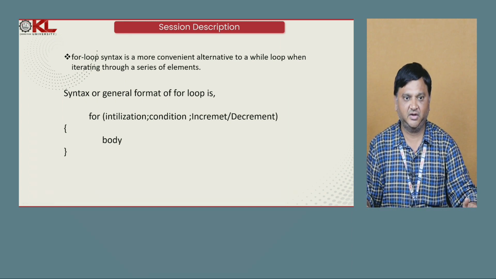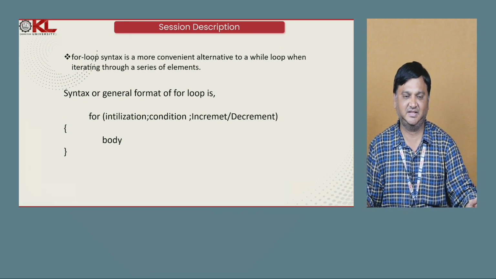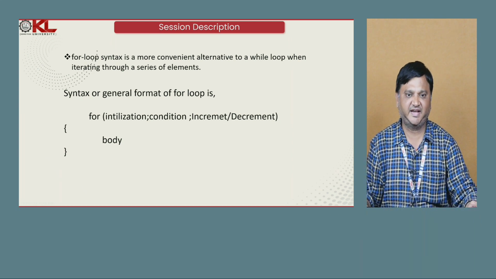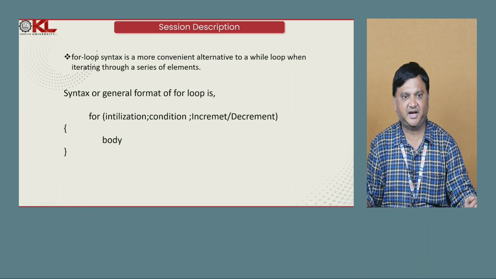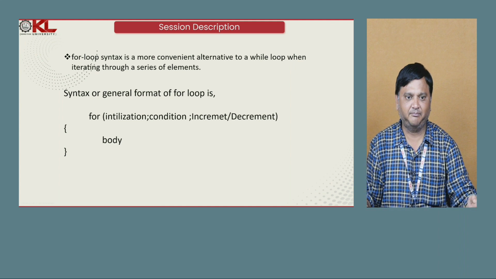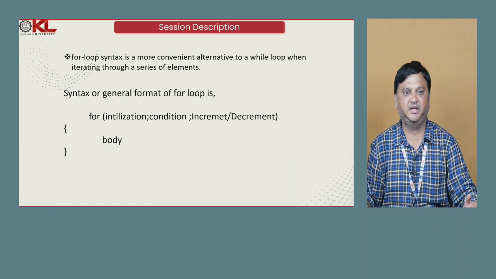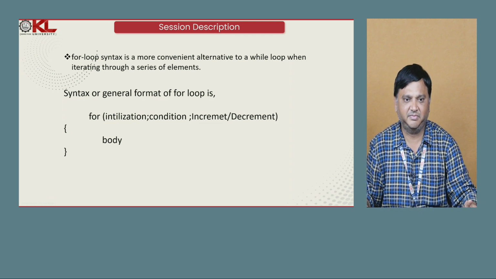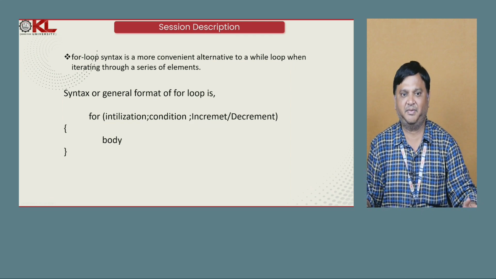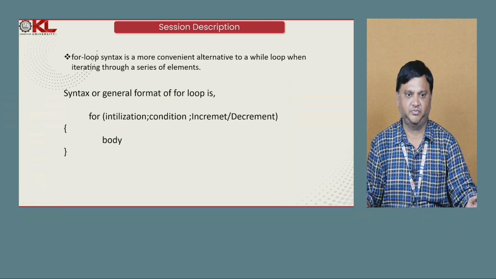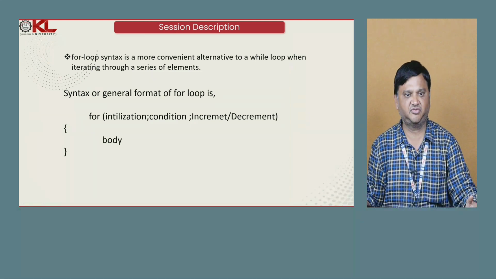So what you have done in a while loop, first you have initialized the value. Second, in a while loop you have written a condition. Inside the body you have written increment or decrement. But in the for loop we can write all the three statements in a single parenthesis. So this is what the general syntax of a for loop is.